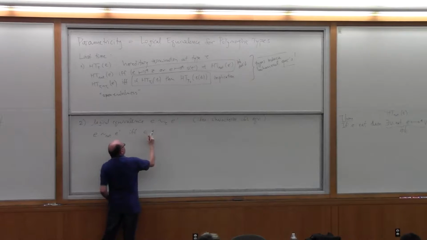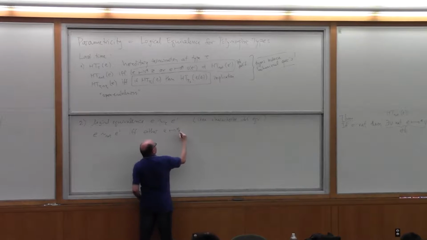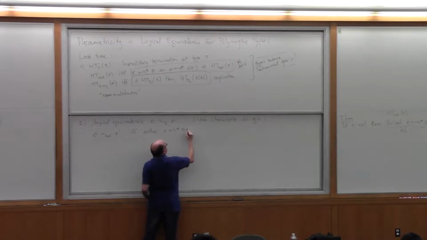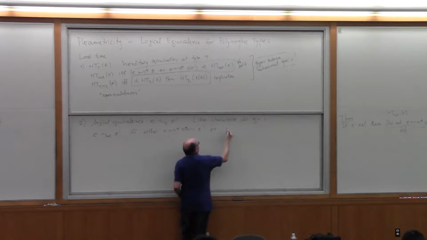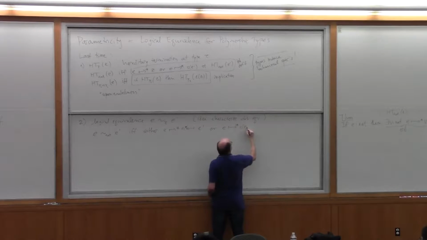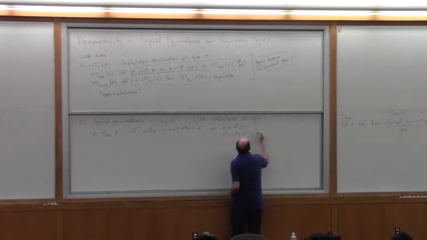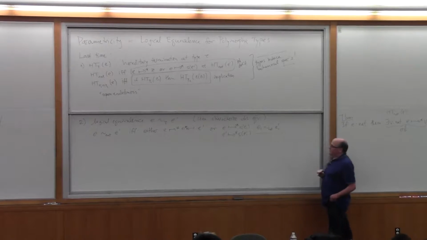It means either E evaluates to some number, and so does E prime, or E evaluates to some successor, let's call that E1, and E prime evaluates to some other successor, let's call that E1 prime, and we have that E1 and E1 prime are also related as nats. Okay, so that's the definition.